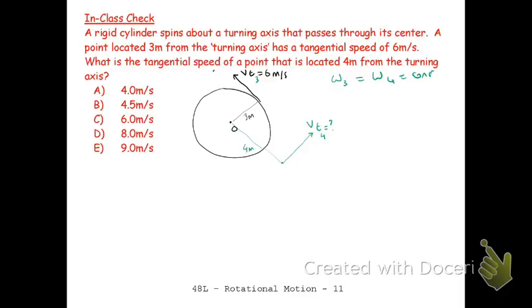Now, angular, I know that Vt is equal to omega r. So I know omega is equal to Vt over r.